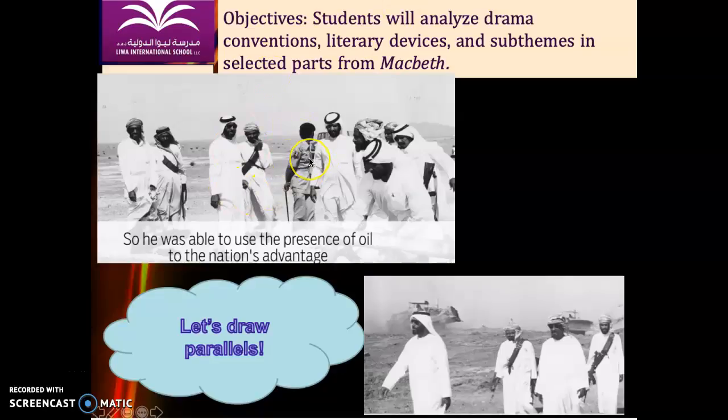This picture dates back to, I think, the 1970s, and this is the beginning of the flowering of Sheikh Zayed's ambition. So he got the opportunity to rise and to bloom as a ruler and as an individual that cares a lot for his country. But look at what he did.